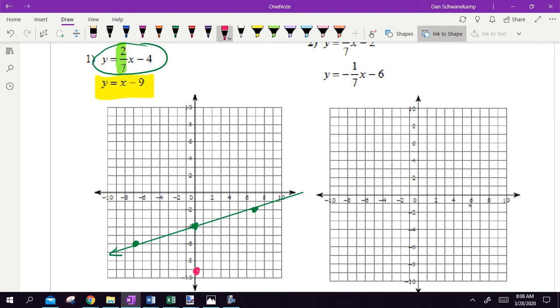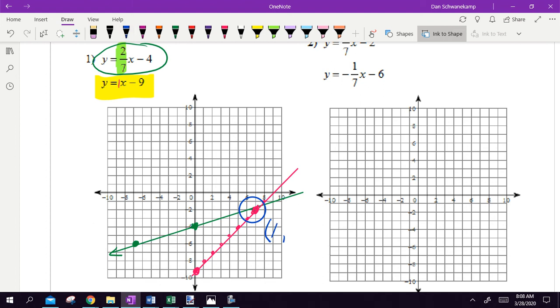My slope is 1, so I'm going to go up 1, over 1, up 1, over 1, and so on. Cool, we crossed right here. I crossed them at one specific spot, and that spot is at 7, negative 2.